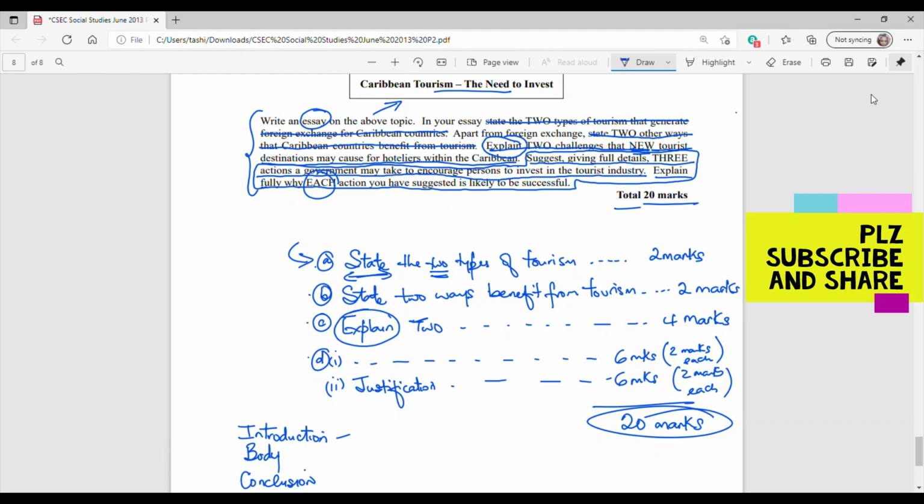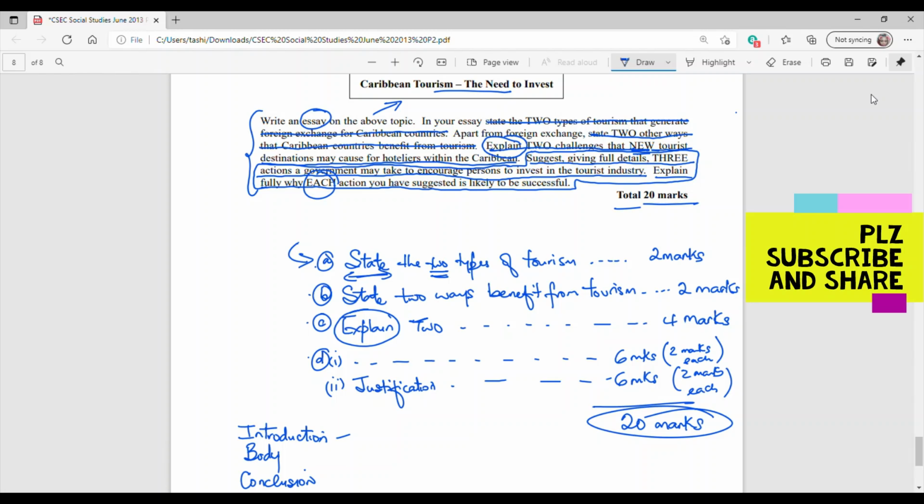If you notice through the questions that have been asked or the tasks that you have been given in this section, they all link specifically to the topic that is there, the need to invest, right? So you can say something like, tourism is important to the Caribbean. However, there are several areas that can take improvement.